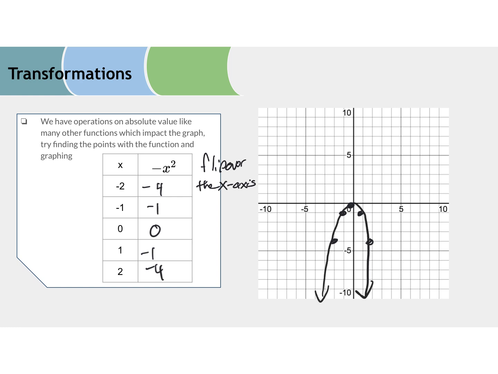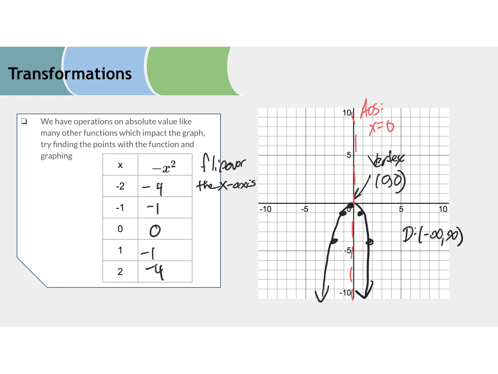So again, the vertex, like the previous one, is unaffected. It did not get moved around, which also means the axis of symmetry does not change. Now what will change in this is the range. Now remember, we talked about domain and range in 10.1. Domain is all the x coordinates from left to right.